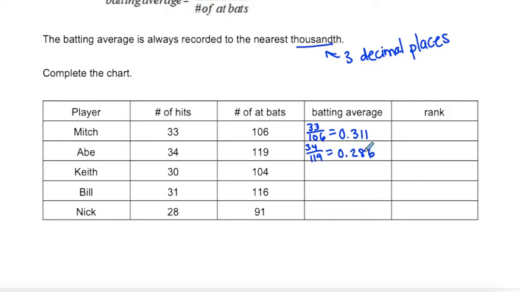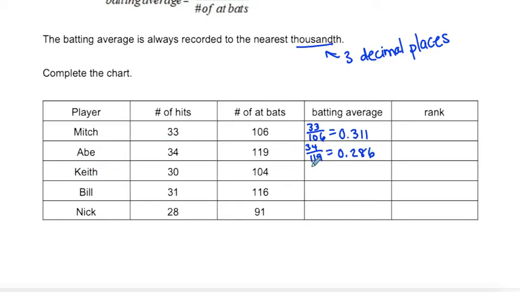So it's 2857, but that 7 is larger than 5, so it rounds that 5 up to a 6. So really pay attention to the rounding rules when you are doing these calculations, because rounding is a very important skill to know and to know correctly. And if you get a question wrong on a test or a quiz or an assignment and it's a rounding error, you'll lose half a mark.